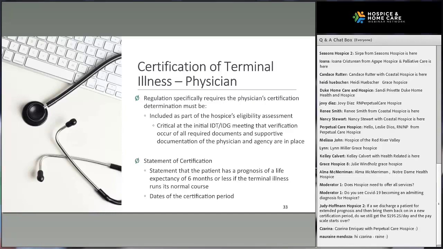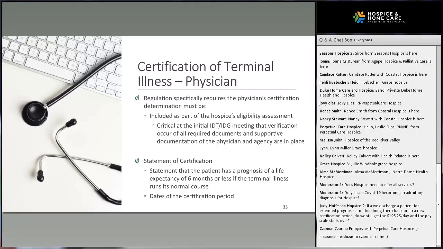So you've got this paperwork coming in, you've got the certification, we're now doing the initial assessments, and you're looking at your IDP and your IDG, and you want to verify at that point in time that you do have all the required and supportive documents that you need.